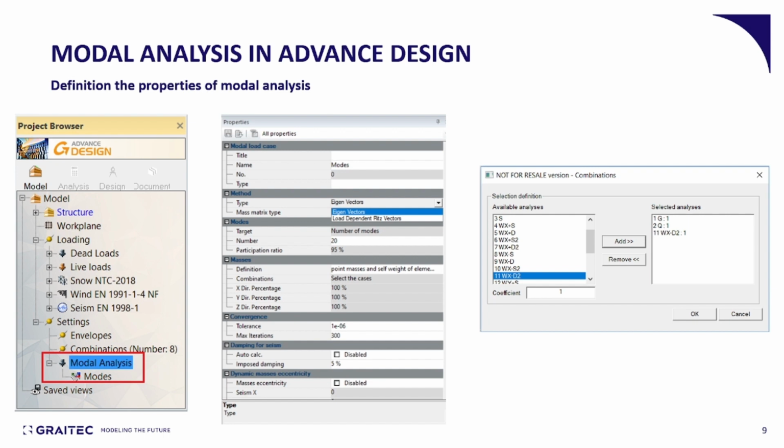So in case a material has a damping parameter that is different from 5%, when allowing for auto calculation on this tab, this damping parameter is used instead of the 5%.